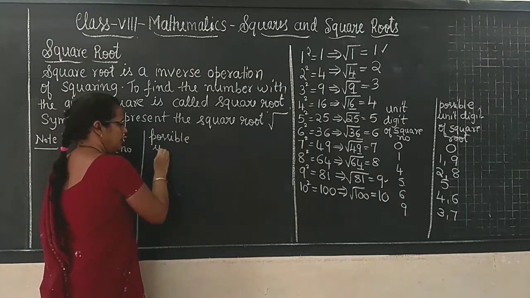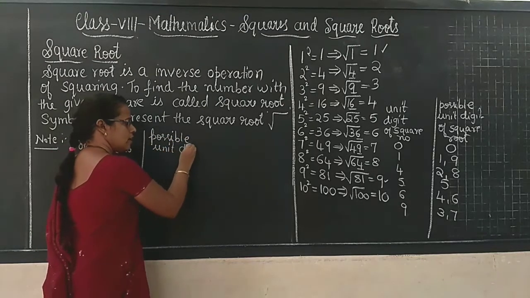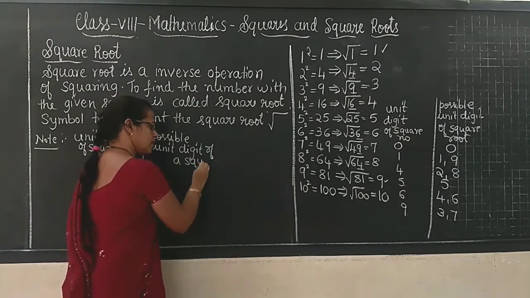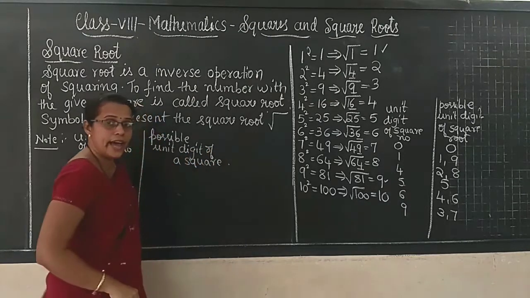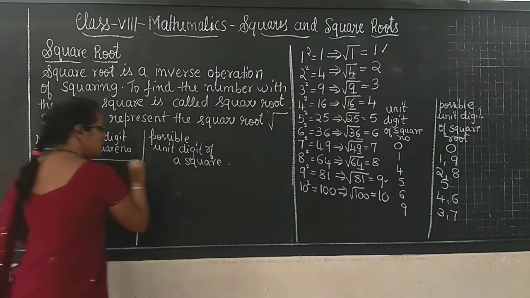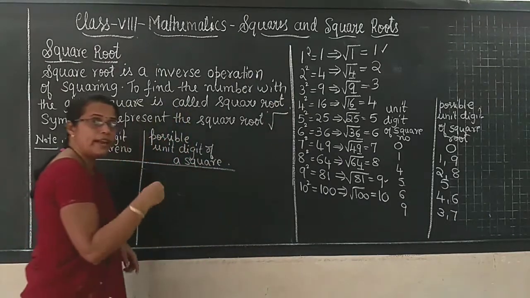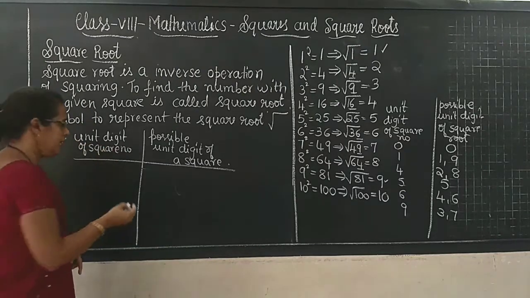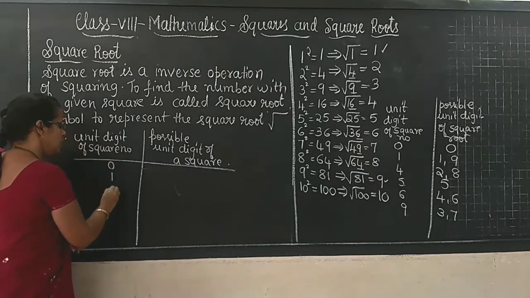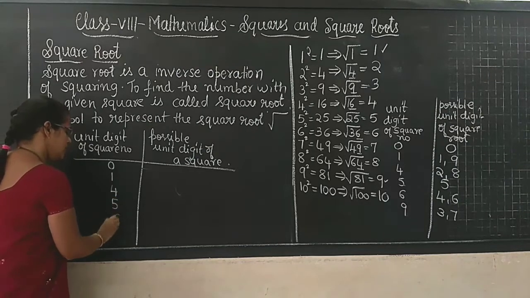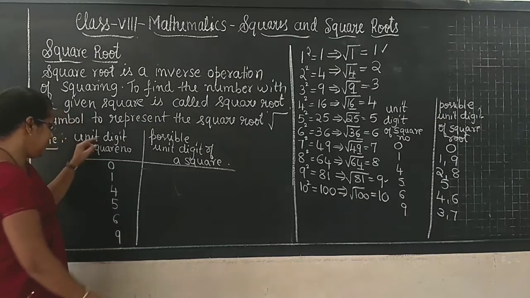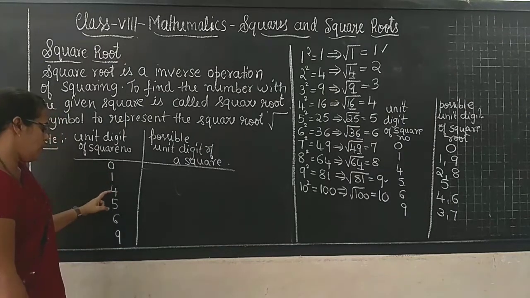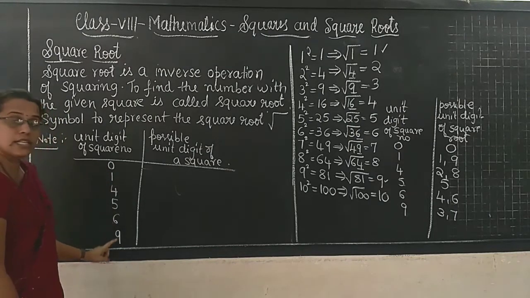Okay, so how can I write that? If you know the table like this, we can understand that very clearly. So the unit digit of a square number ends with 0, 1, 4, 5, 6, 9.